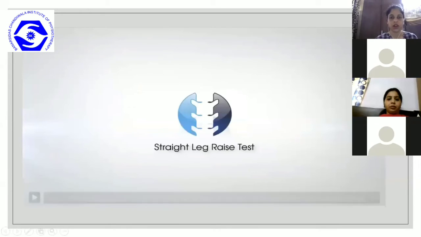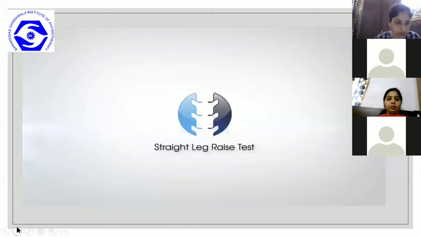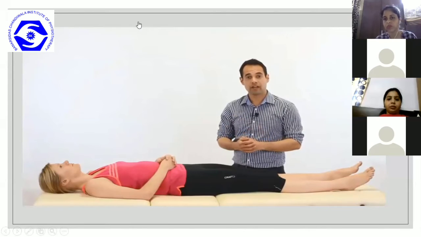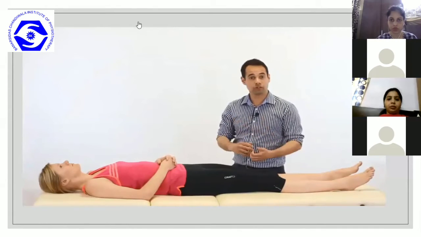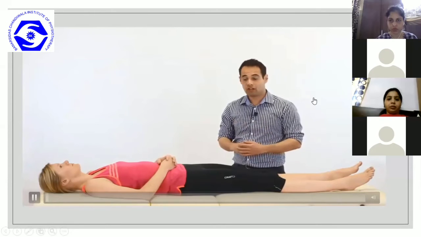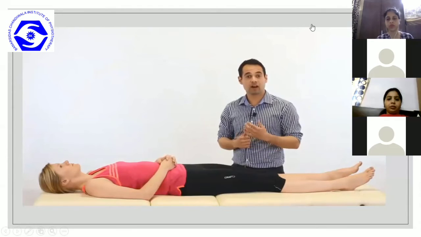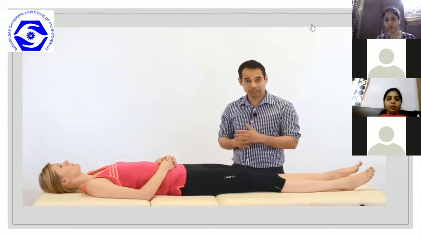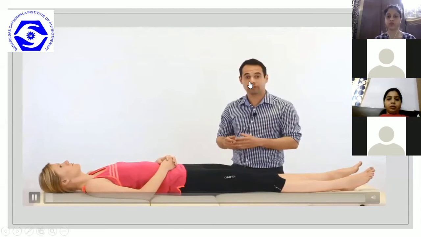One second, I'll start the video with you. We're going to be progressively tensioning neural structures within the lumbar spine and the lower limb to see if this recreates our patient's symptoms of paresthesia or shooting pain within the lumbar spine or the lower limb.